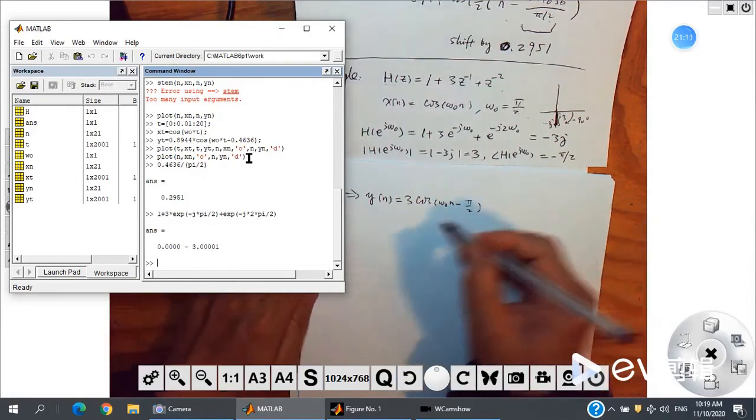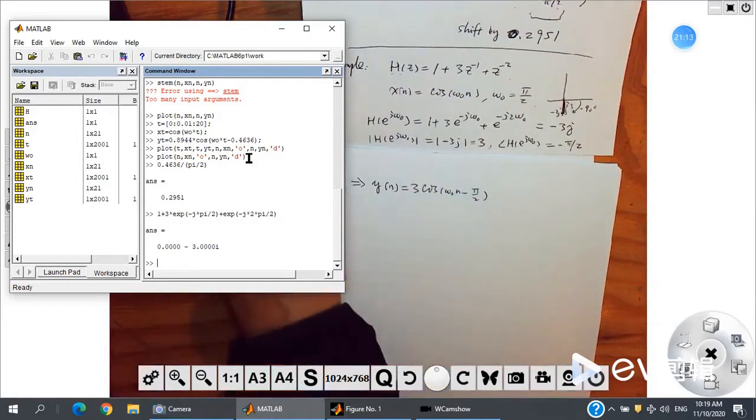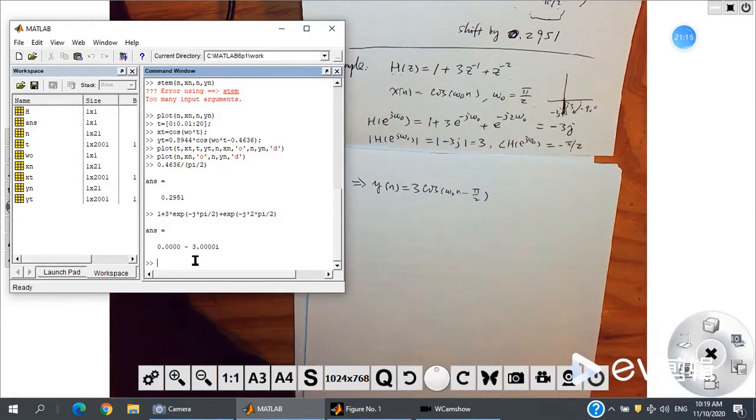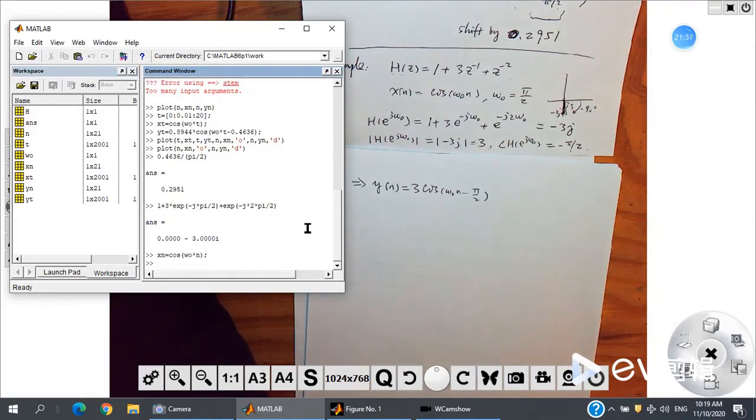Alright, so you can see how the graph looks. Now x[n] is cosine omega 0 n, and omega 0 is pi over 2. It didn't change, the same thing. x[n] is still that x[n], and y[n] is changing.